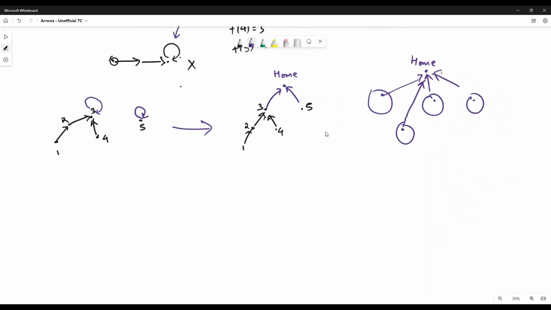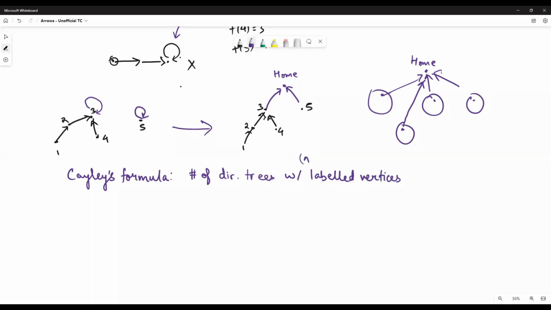And there is something known as Cayley's formula. The number of directed trees with N labeled vertices is n to the n minus 2.